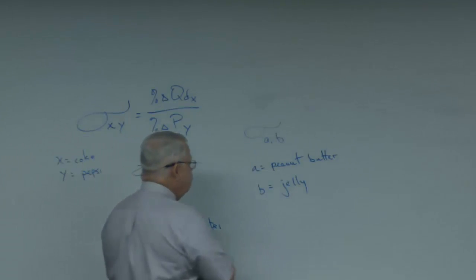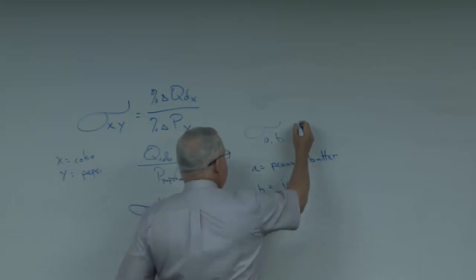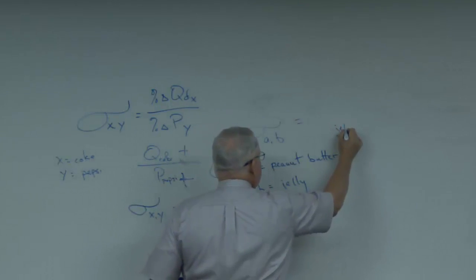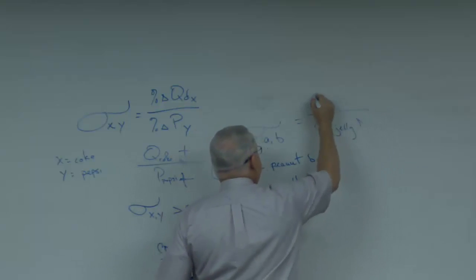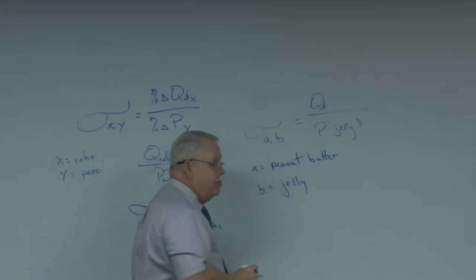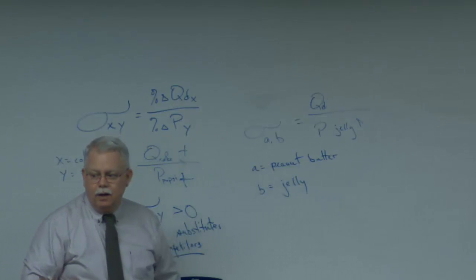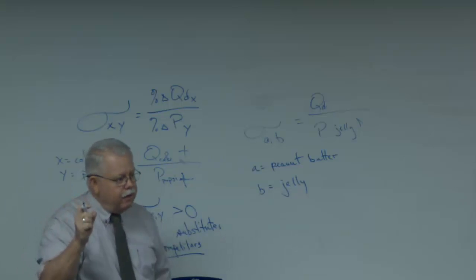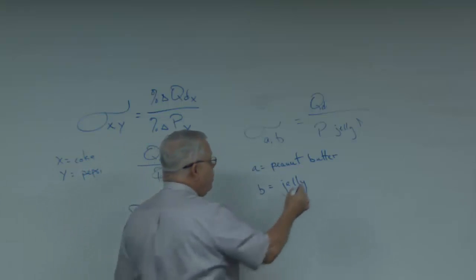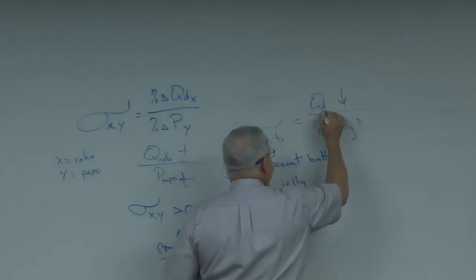If that's true, that means when the price of jelly goes up, what happens to the amount of peanut butter people buy? Jelly's so expensive I don't buy any, and I don't need any peanut butter to go with it, so my demand for peanut butter decreases.